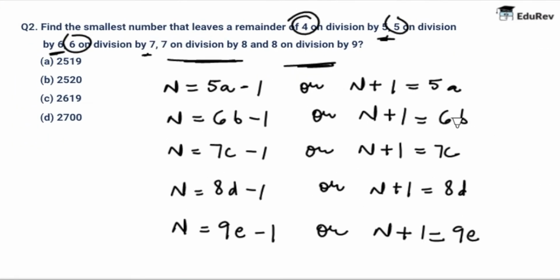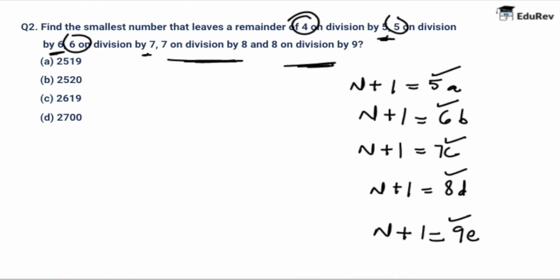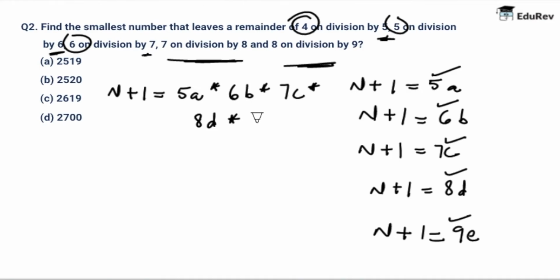Now n plus 1 can be expressed as a multiple of 5, as a multiple of 6, as a multiple of 7, 8 and also 9. So n plus 1 is 5a into 6b into 7c into 8d into 9e, alright?